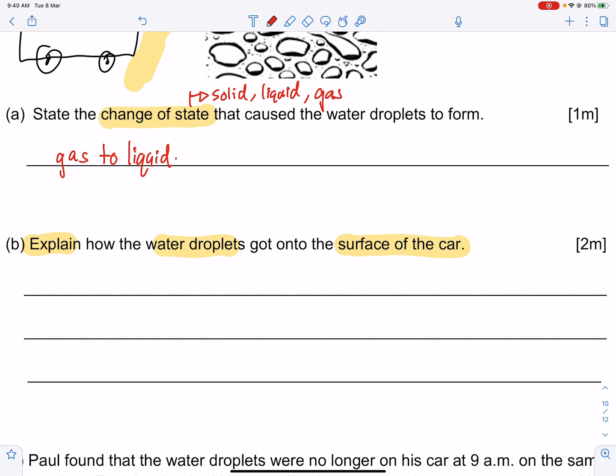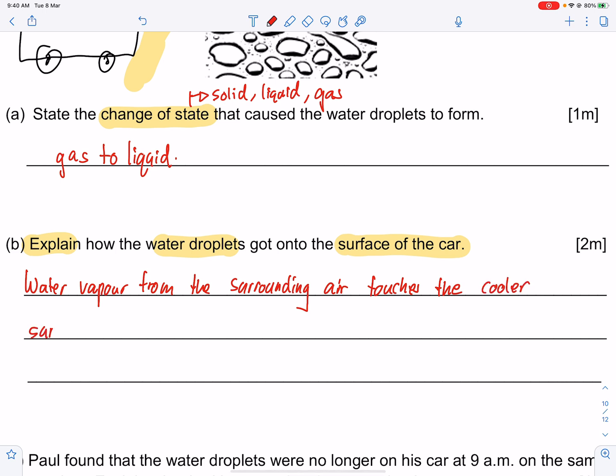So therefore, your answer would be: water vapor from the surrounding air touches the cooler surface of the car, loses heat, and condenses into water droplets.